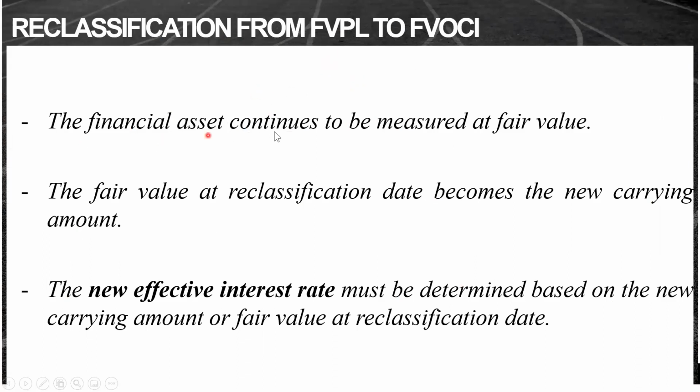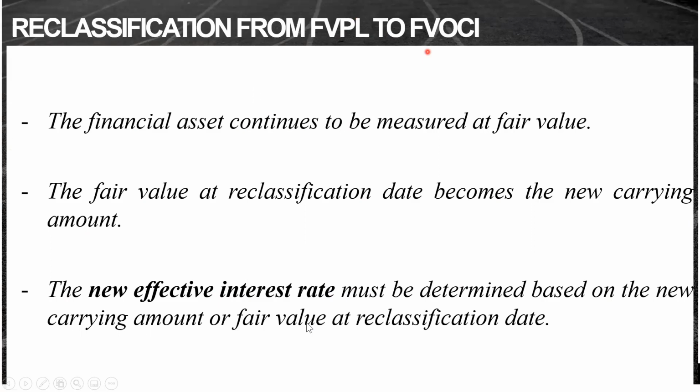First, the financial asset continues to be measured at fair value, kasi pares lang naman sila na fair value. The fair value at reclassification date becomes the new carrying amount. And take note of this one: there is a need for us to compute for a new effective interest rate based on the new carrying amount, or the fair value at reclassification date.